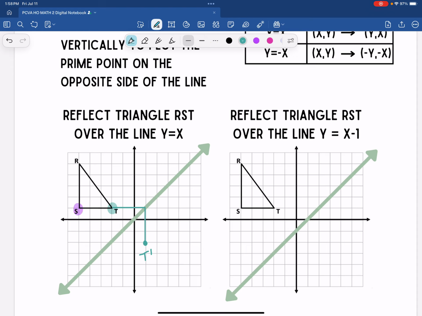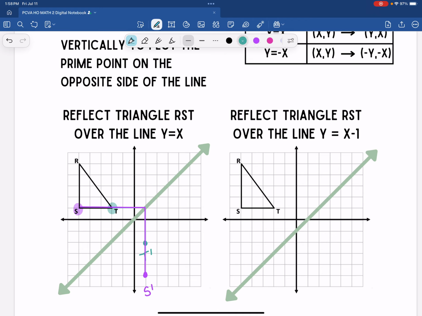You could do it vertically and then horizontally as long as you do the opposite. For this one, I'm going to go from the S to the line, and that one is 1, 2, 3, 4, 5, 6 units. So this time I'm going to go down 1, 2, 3, 4, 5, 6, and that's going to be my S prime.